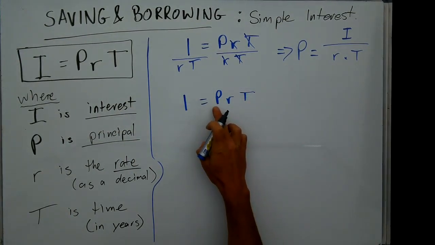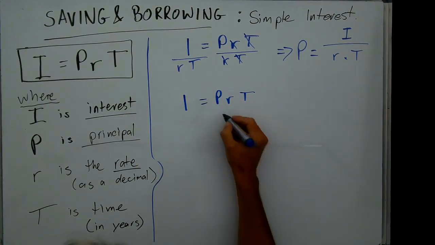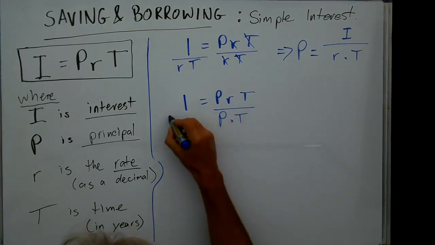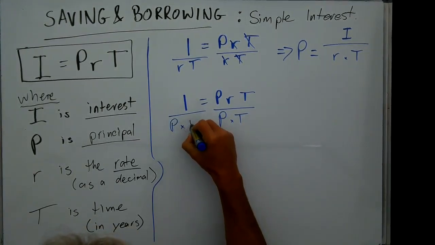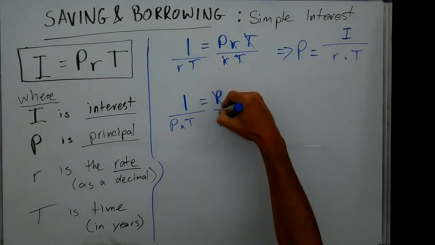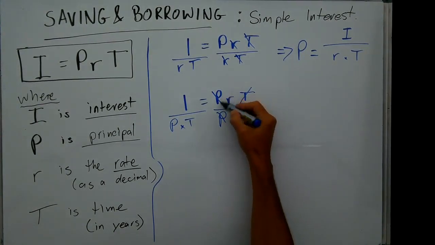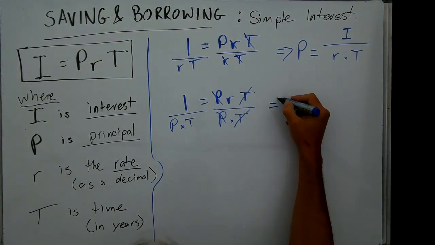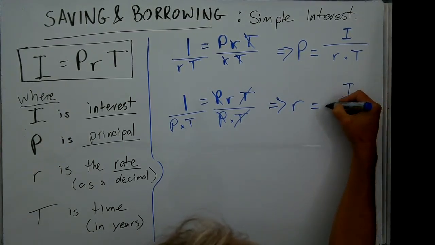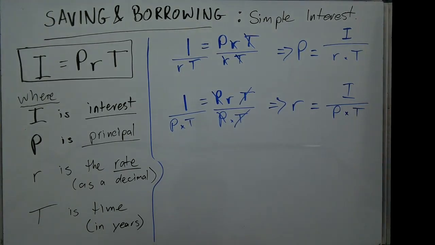This time I'm going to divide by the principal multiplied by the time. Because I've done it here, I've got to do it there as well. So the principal cancels out with the principal, the time with the time, and we're just left with the rate. So the rate equals the interest divided by the principal times the time.